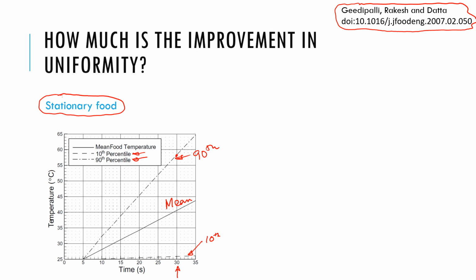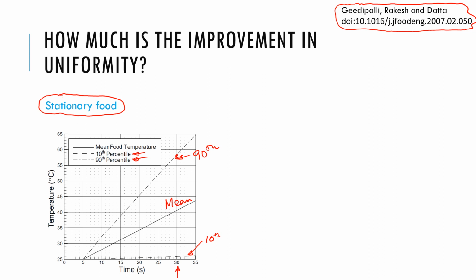The reason for doing this is to get rid of extreme values, like really hot or really cold regions, so that the non-uniformity we're talking about is a more reasonable representation of reality.